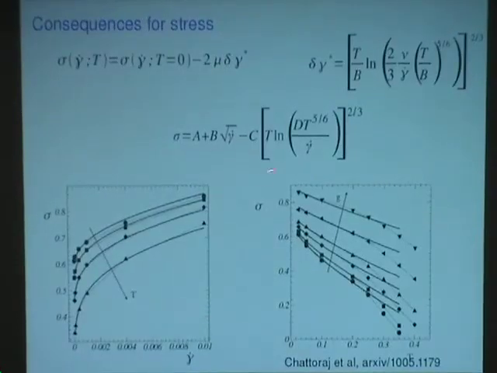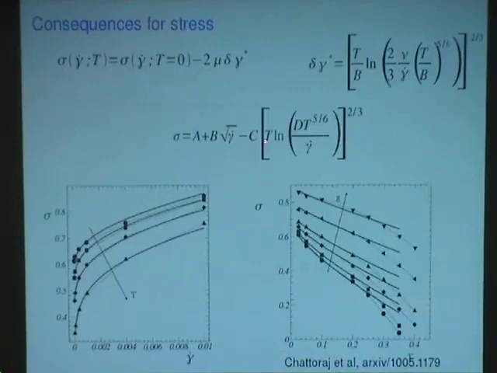Okay, I'd like to stress one thing here. This shift introduces two fitting parameters. So when we do this fit of our data, it looks like there are 4 parameters, but let me explain. 2 parameters allow you to fit the values of sigma when temperature goes to 0.